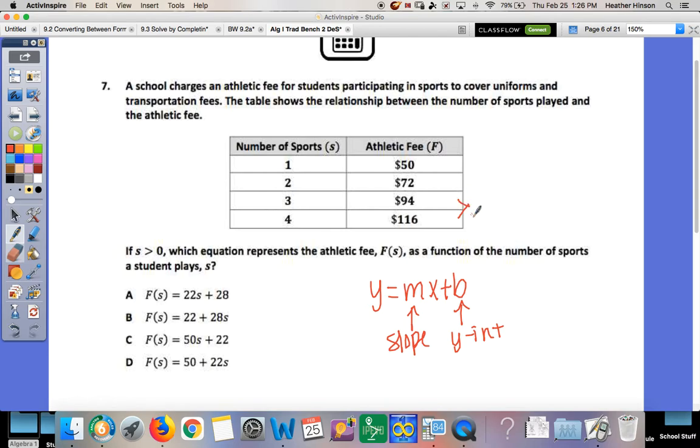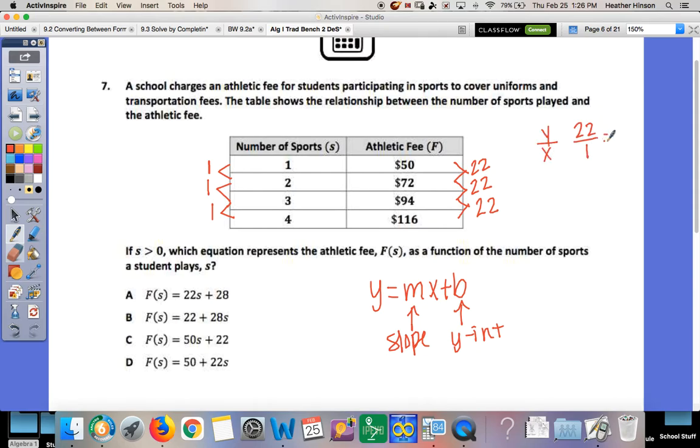So 116 minus 94 is 22. 94 minus 72 is 22. 72 minus 50 is 22. And do it on the other side. 4 minus 3 is 1. 3 minus 2 is 1. 2 minus 1 is 1. So rise over run, y over x.